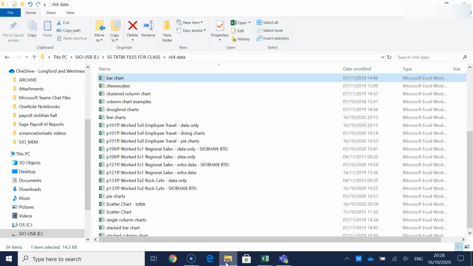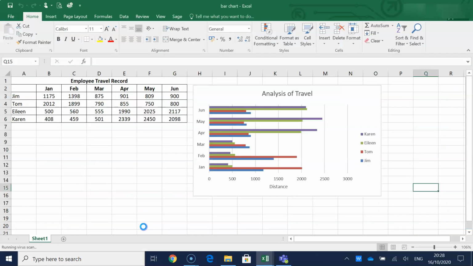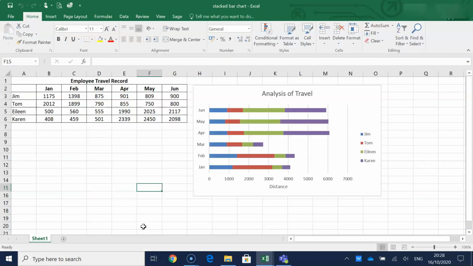Stacked bar chart. A stacked bar chart allows us to see at a glance what portion of the total monthly travel each employee accounted for.